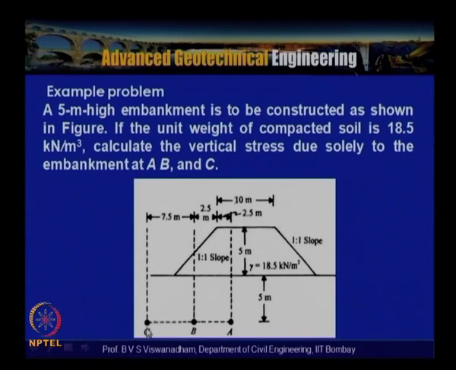With that, we get the increase in stress at point C away from the embankment also. Using the same notations and the method of superposition, we can calculate the vertical stresses at point A, point B and point C.